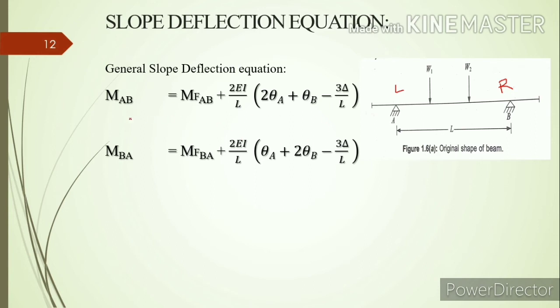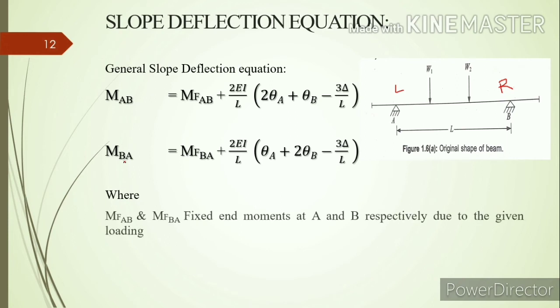Okay, this is the general slope deflection equation. You need to study these equations to solve problems using the slope deflection method. Here MAB and MBA are the final moments of the member AB and BA respectively. Then the next terms are M of AB and M of BA.